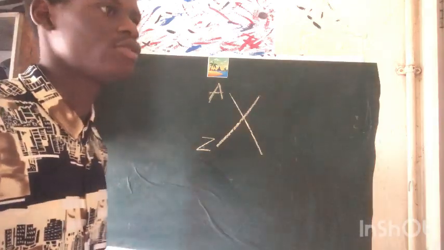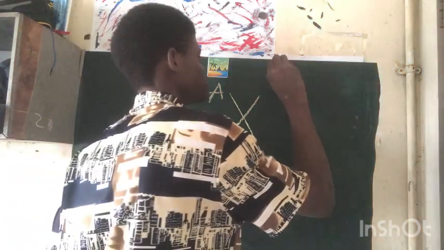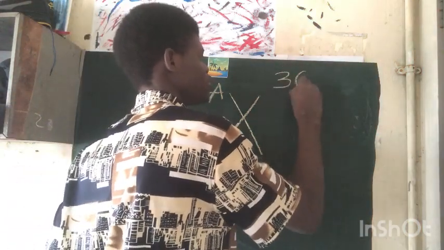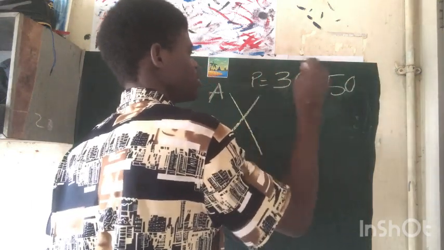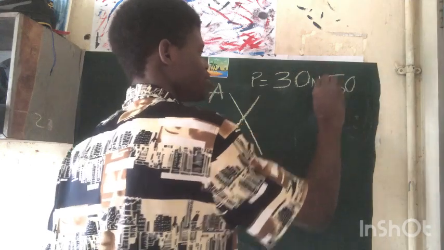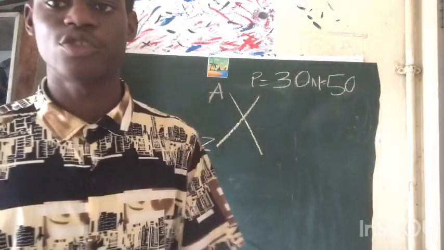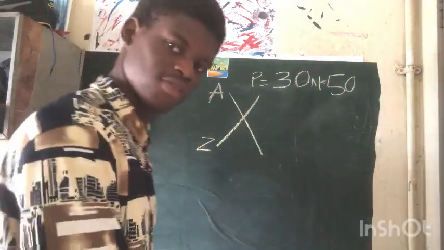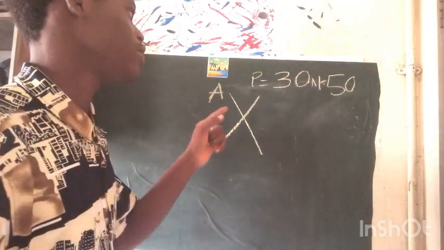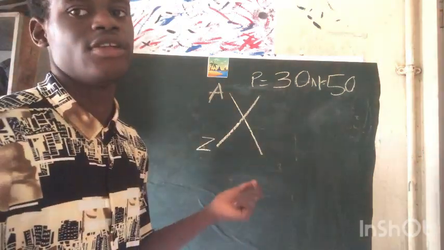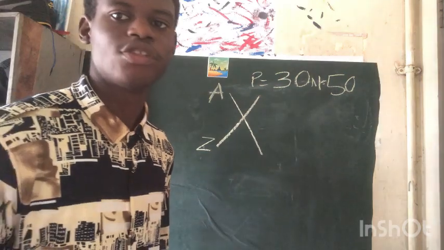If they say the proton number is 30 and the neutron number is 50, and I ask you what's the electron number and the mass number: you should know that in a neutral atom, proton number is equal to electron number.